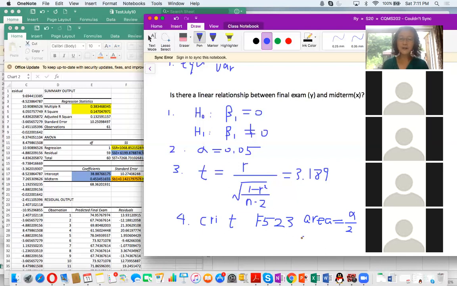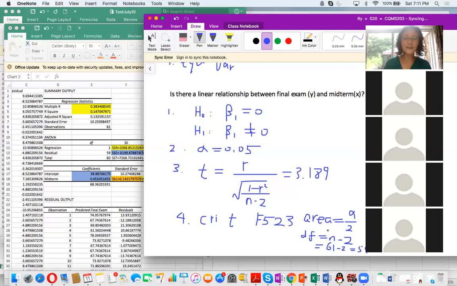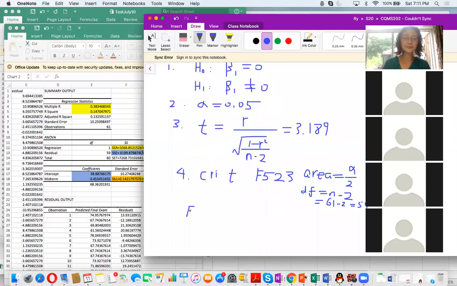And the degree of freedom, in simple linear regression, you use n minus 2. N is 61. 61 minus 2, you get 59. Okay, so degree of freedom 59, and then you press EXE, you get the critical value.